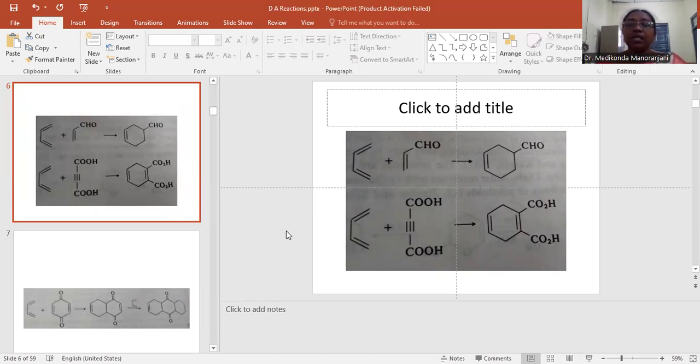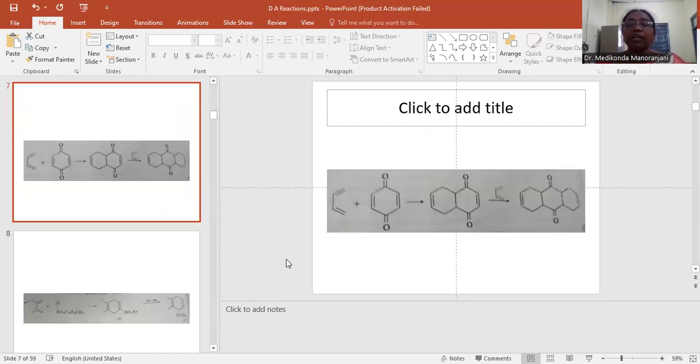Here in the first case, butadiene reacts with the ethylene compound, and in the second case, butadiene reacts with the triple bonded compound. Then this is also an example in which the dienophile is a cyclic compound.